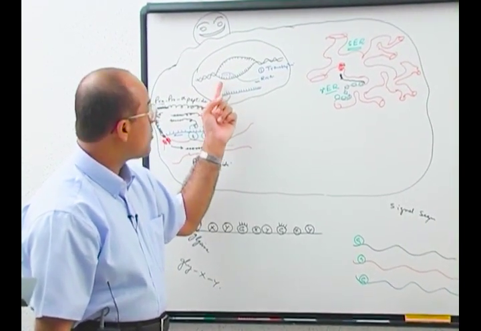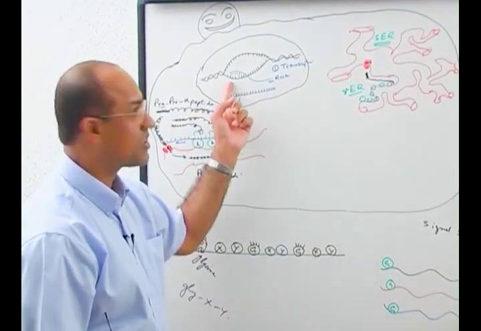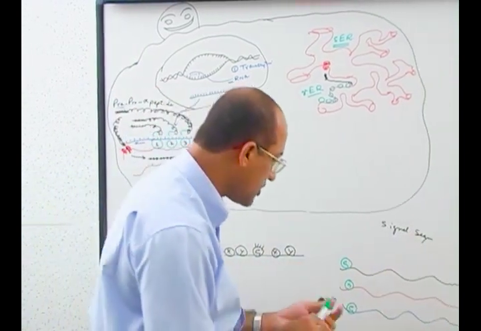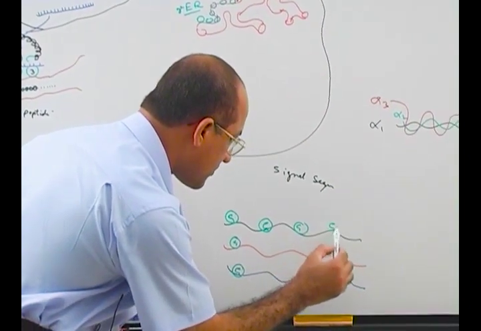That the point where there should be glycine is altered, and at every third position there should be glycine, isn't it?